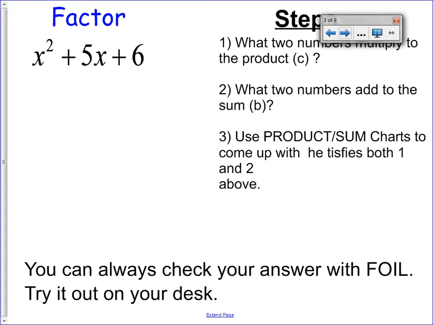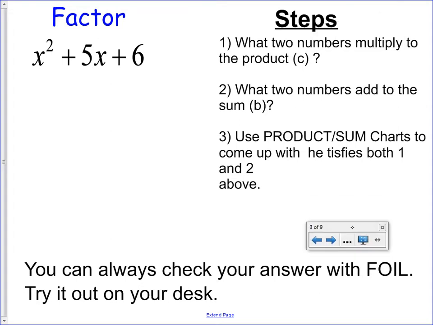So if I look here, it says we are to factor x squared plus 5x plus 6. So the steps that have to go through your head are what two numbers multiply to the product of C? You think you already figured it out? Okay, give me 2 seconds. Okay, what does C equal here?